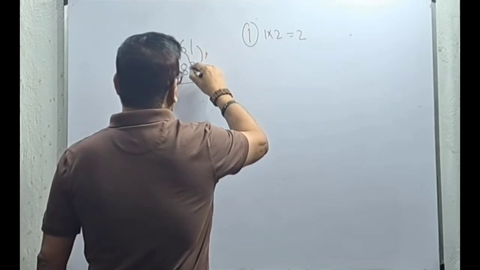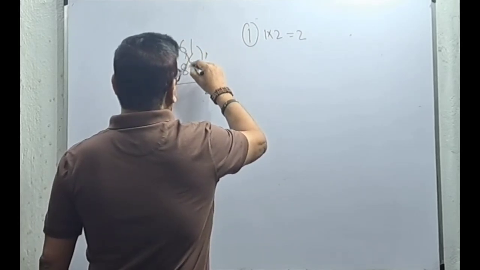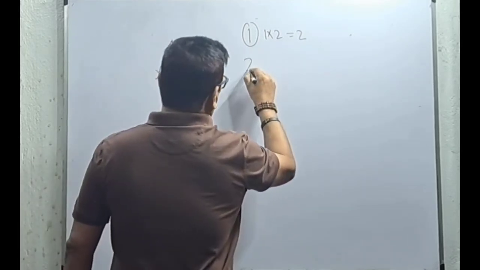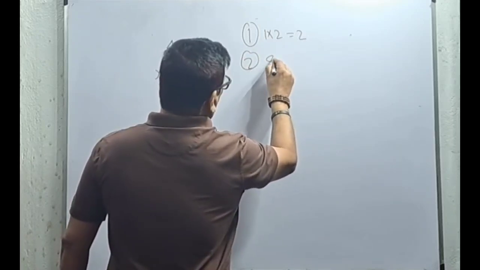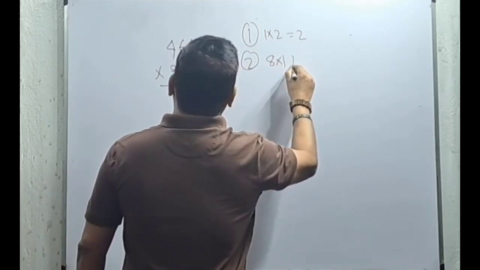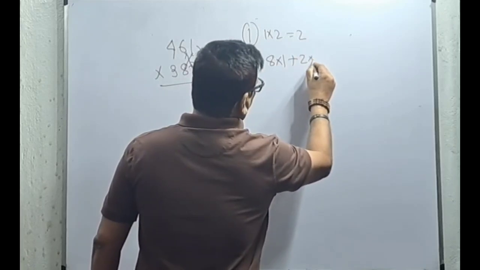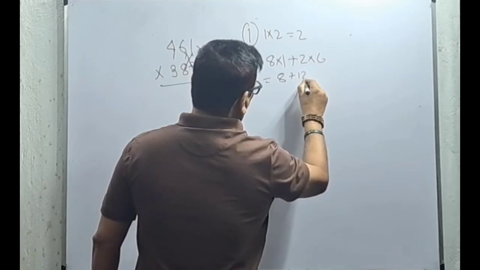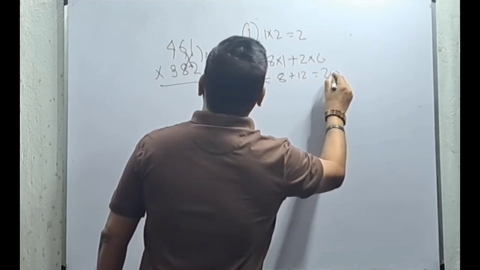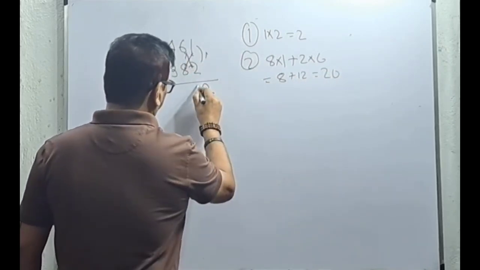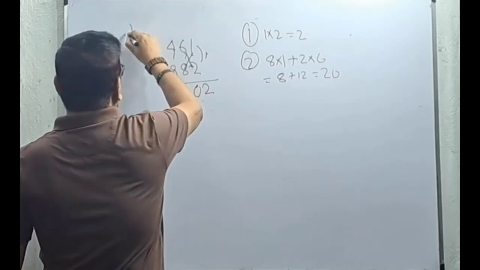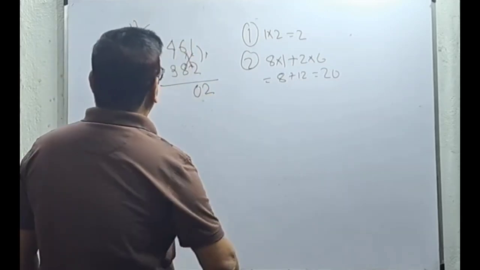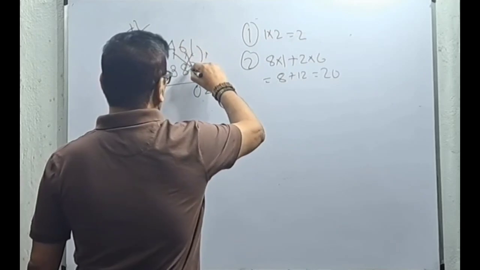Then step number 2: 8 into 1 plus 2 into 6, which gives you 8 plus 12, which is 20. We didn't carry anything, so write 0 here. Now carry 2.